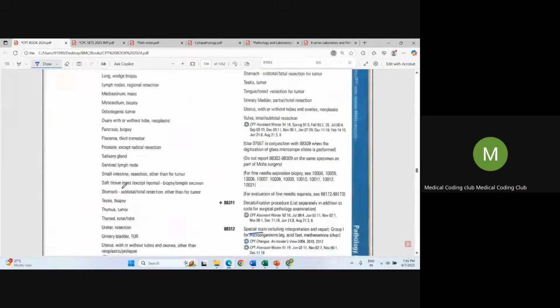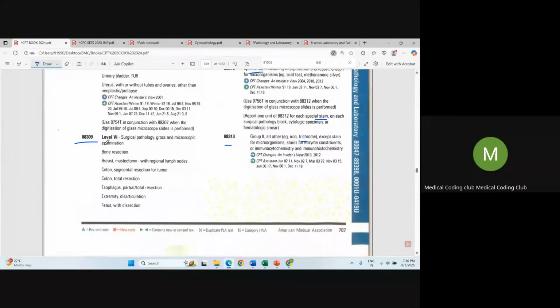Coming down to 88309, here also you will see breast as a specimen. But what is the procedure variation here? Breast mastectomy with regional lymph node removal. In 88307 they were doing partial or simple mastectomy, but in 88309 they are performing breast mastectomy along with regional lymph node removal. So then you have to give 88309 as your answer.